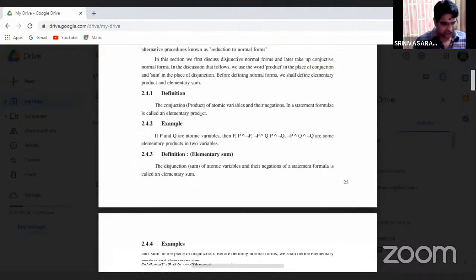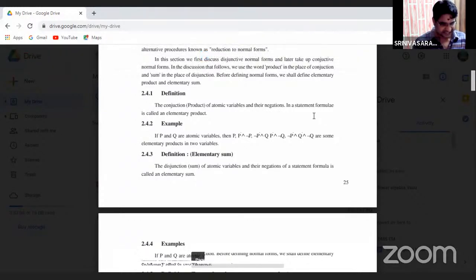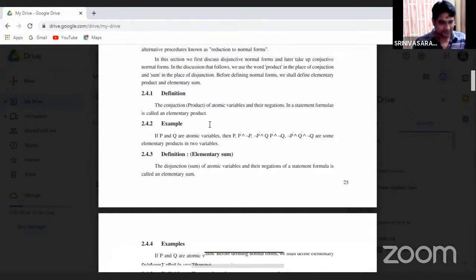The conjunction of atomic variables and their negations, represented as a product of atomic variables and their negations in a statement formula, is called an elementary product. So the elementary product is the conjunction, the representation of AND.